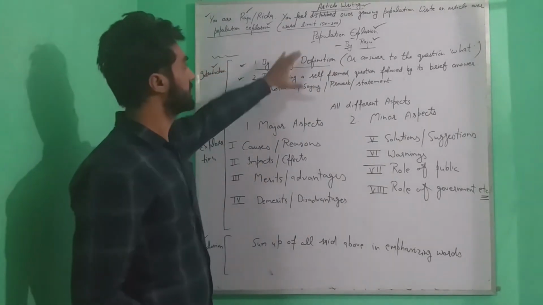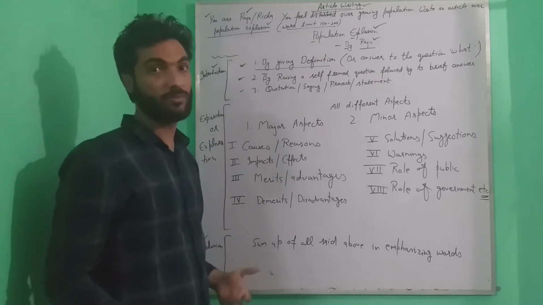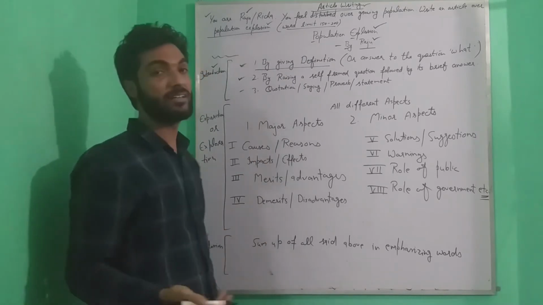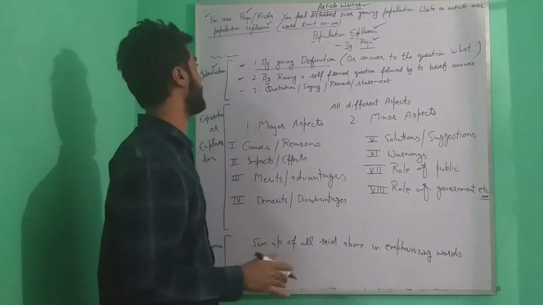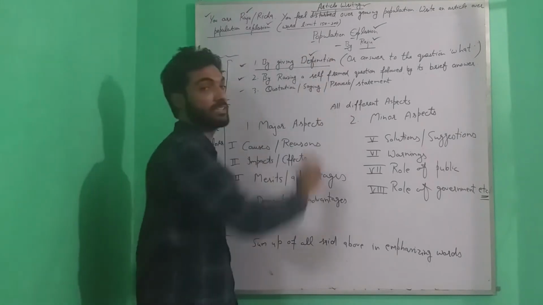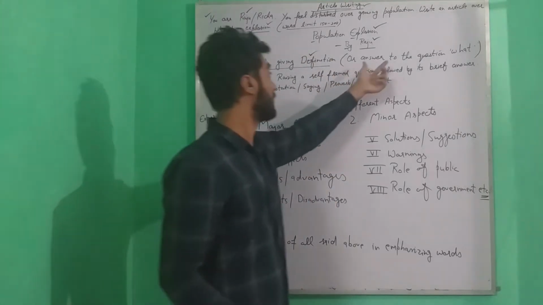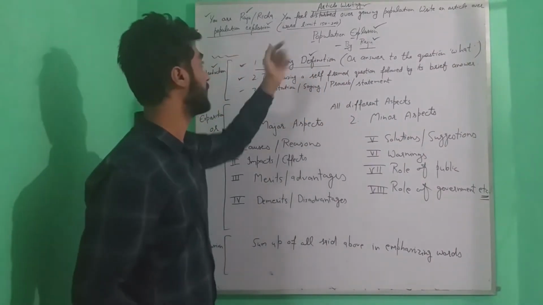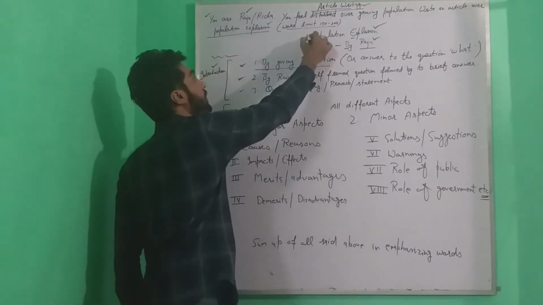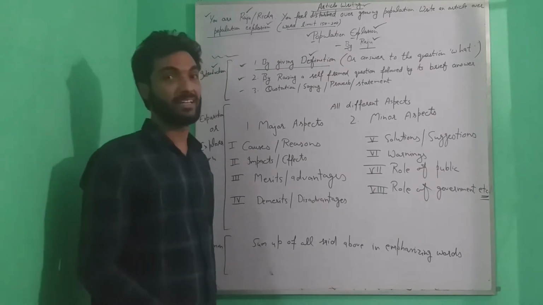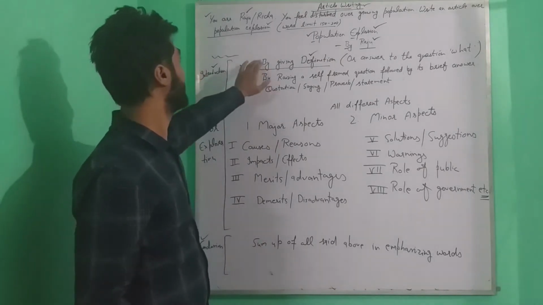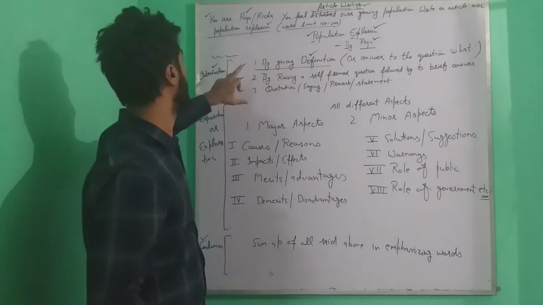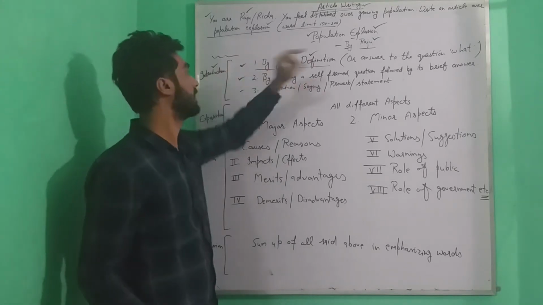So whatever is the topic, sometimes we get the topics for writing an article which are of the sort that they require some definition, means answers to the question of what. For example, here is our topic beforehand is population explosion, and we can begin this topic by giving its definition.